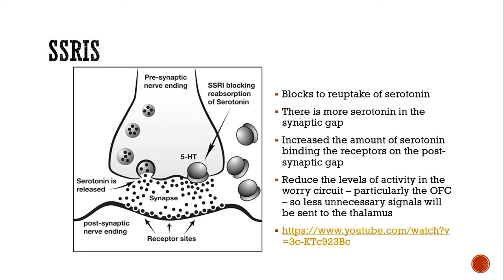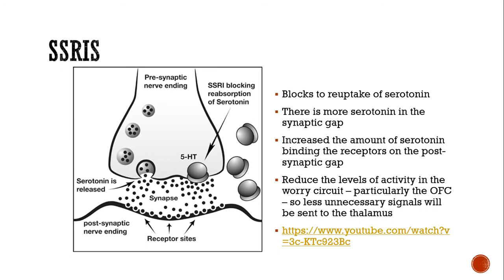So it blocks the reuptake of serotonin, more serotonin in the synaptic gap, increases the amount of serotonin binding to the receptors, so reducing the levels of activity in the worry circuits. As we saw, serotonin was linked directly to the worry circuit, and low levels of serotonin cause problems. So if we increase it, then the worry circuit would function correctly.